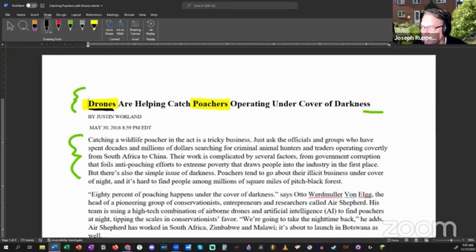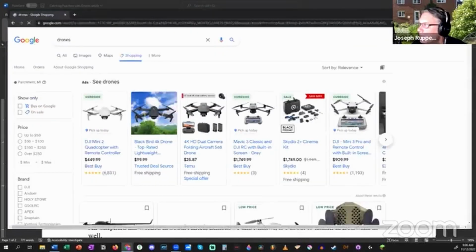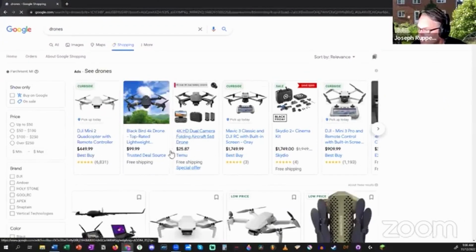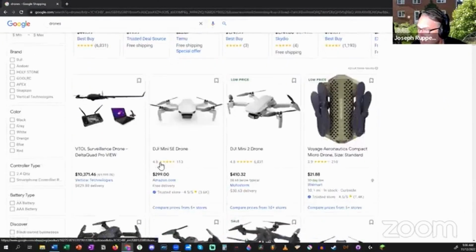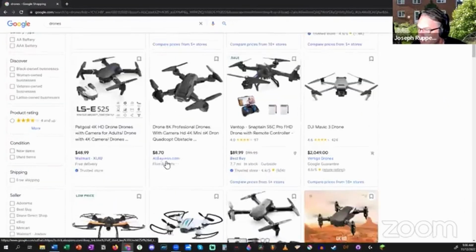If I were shopping for drones, let's see if I can find some. Oh, here we go. Here are different drones.